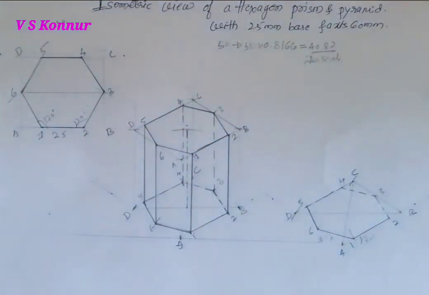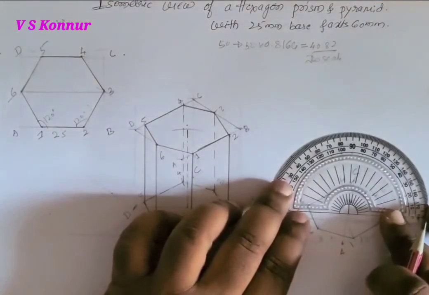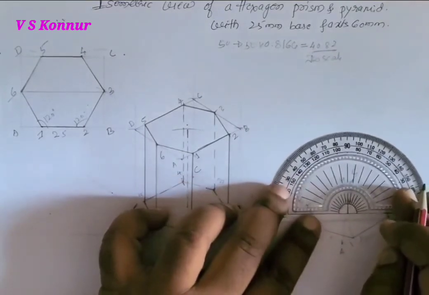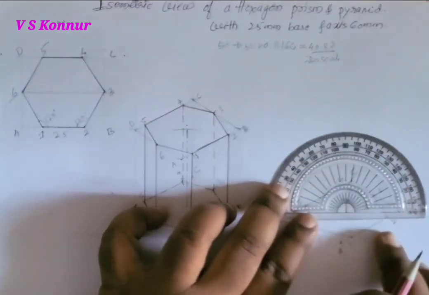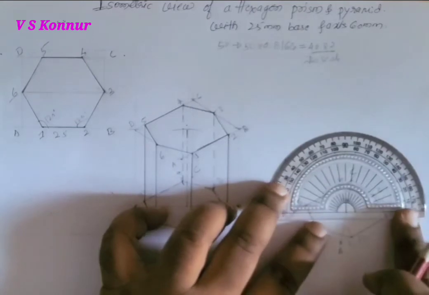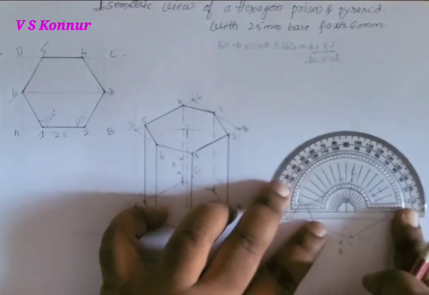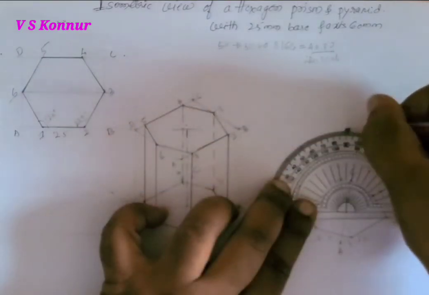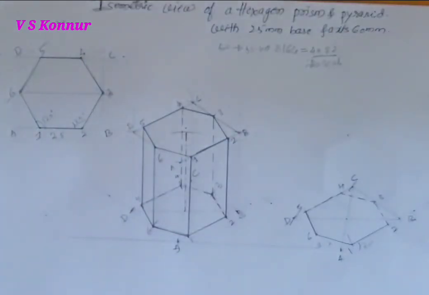Then we'll take the height from the center. We'll take 90 degrees. Then we'll cut with the same height which I have taken here.